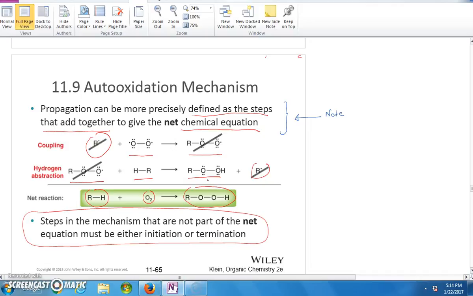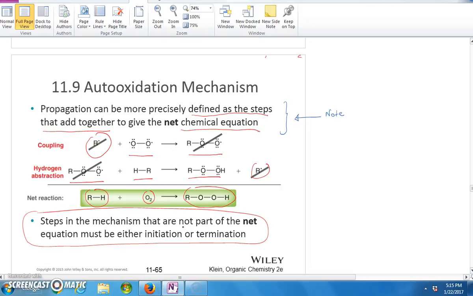And note here that the steps in the mechanism above that are not part of the net equation must either be initiation or termination. Remember, the net equation is always obtained from the propagation steps, not the initiation or the termination steps.